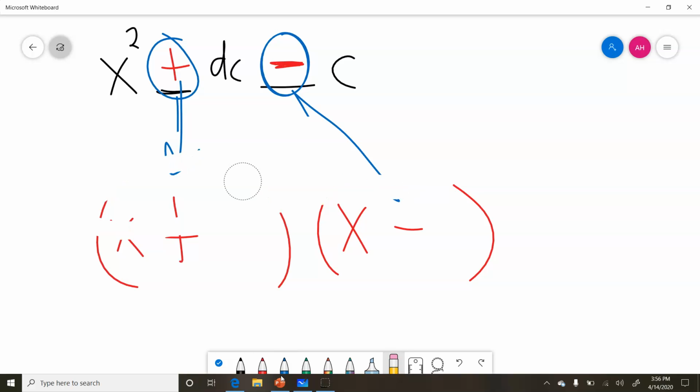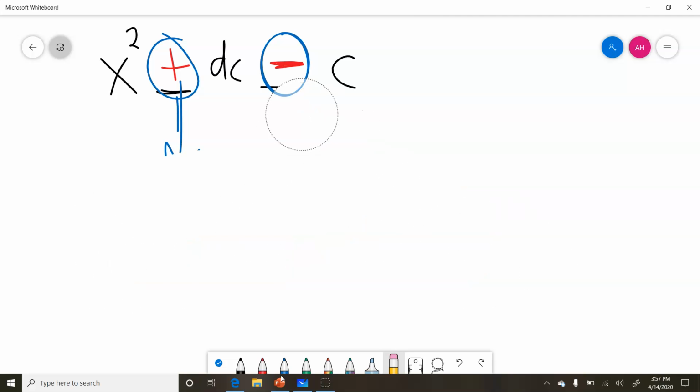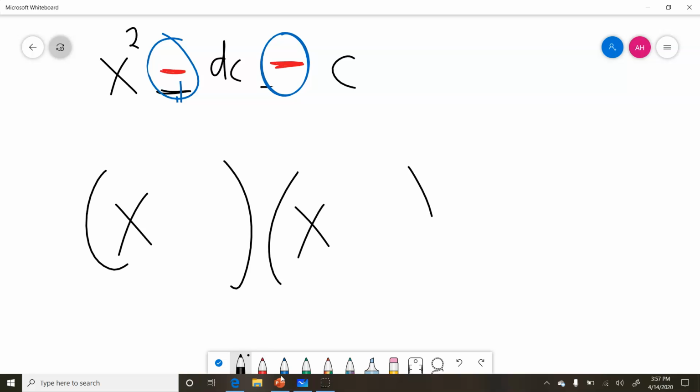Okay, so I hope you wrote that down. Here we go. Here's the only one that doesn't work like that, and that is when we have a negative and a negative. What that means is that one of these is going to be positive and one is going to be negative.